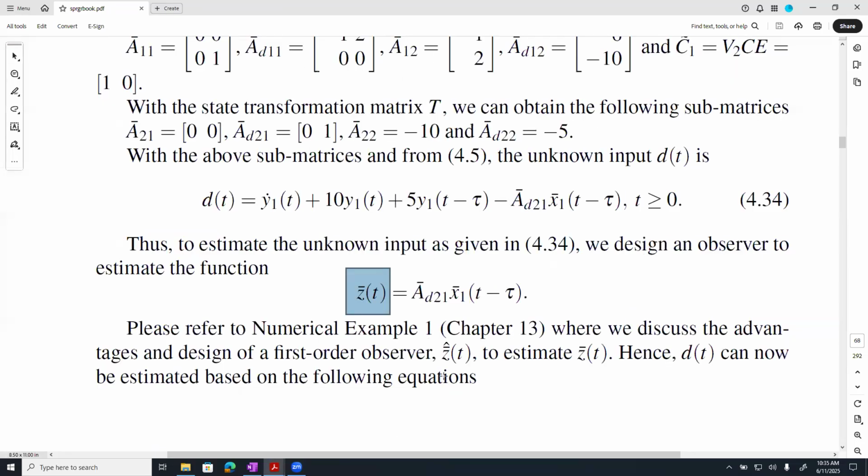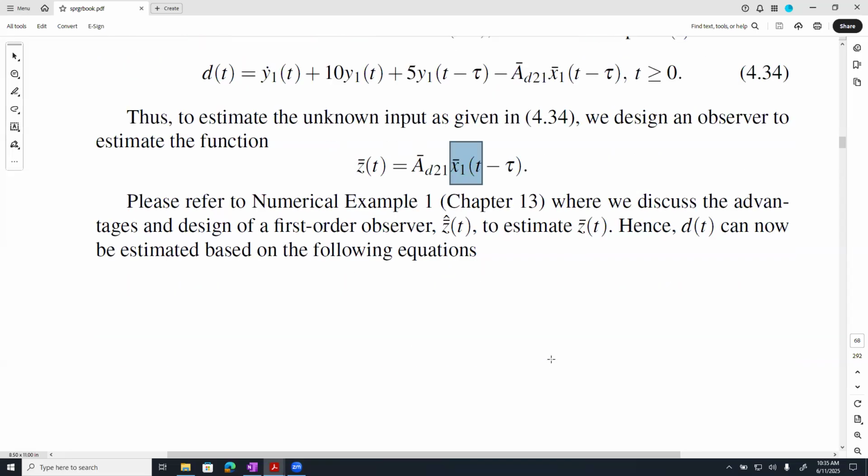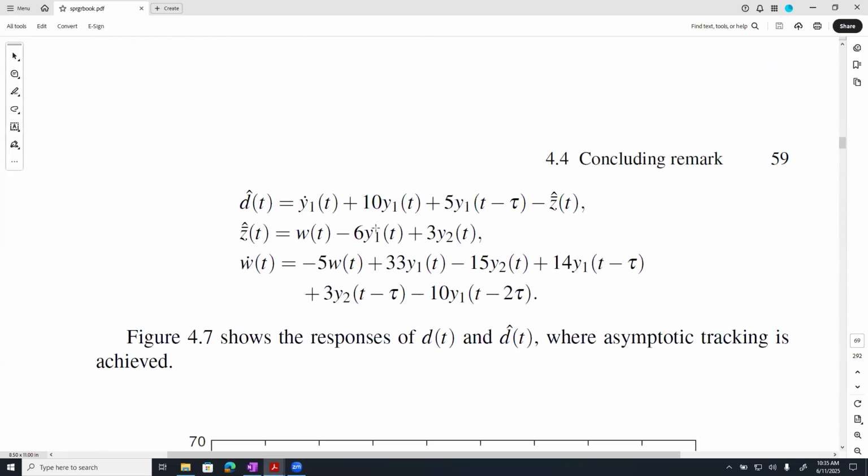So in this situation, in chapter 13, where we extensively look at designing generalized functional observers for generalized functionals, we can estimate this directly without the need to estimate this vector x bar 1 t first and then delay it. Okay, so that's the important message there. And if we do that, using those results, we can realize a delay stack observer with arbitrary dynamics we can assign to it.